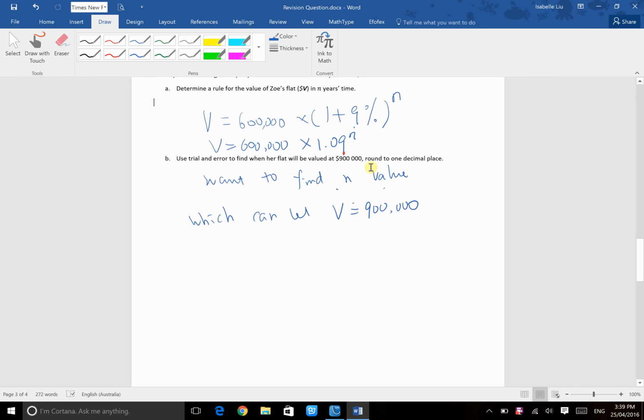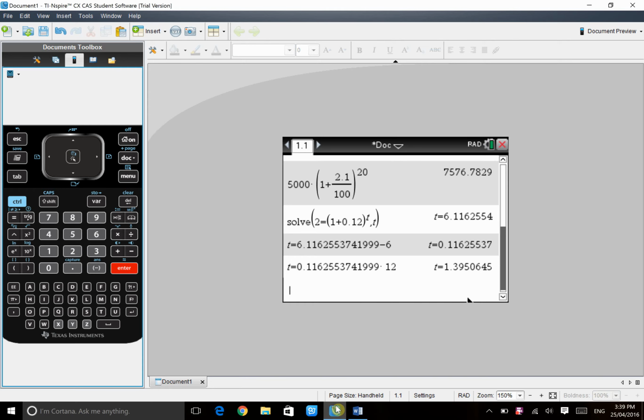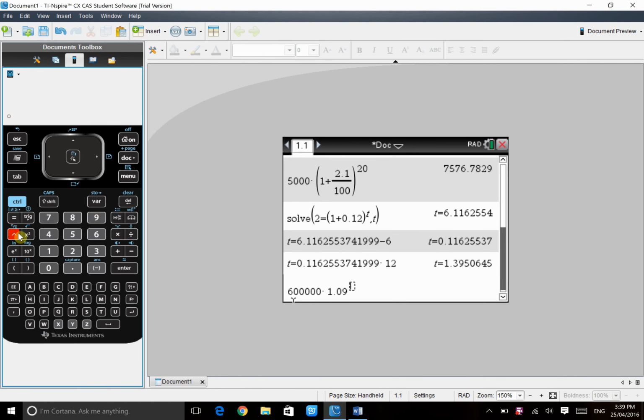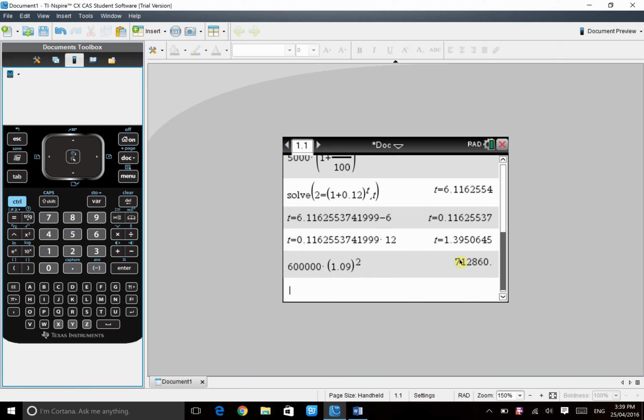So what I can do here is, let's say I have $600,000 times 1.09 to the power of, say, 2 years. So after 2 years, I have 700 something.